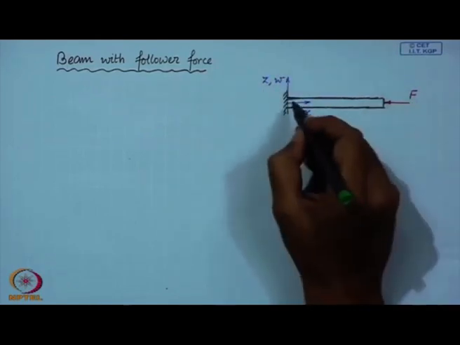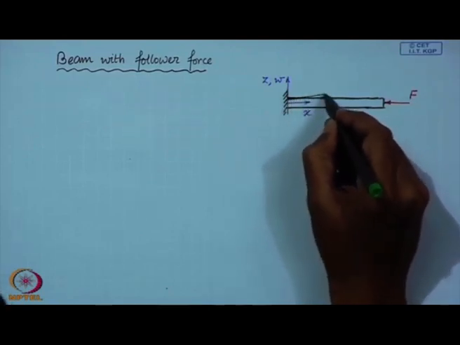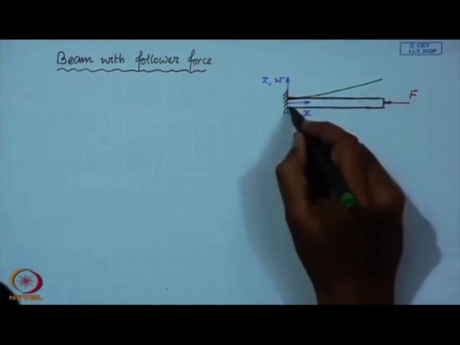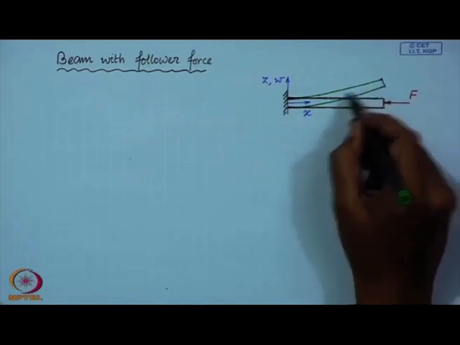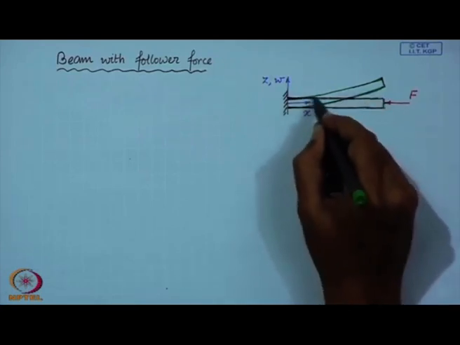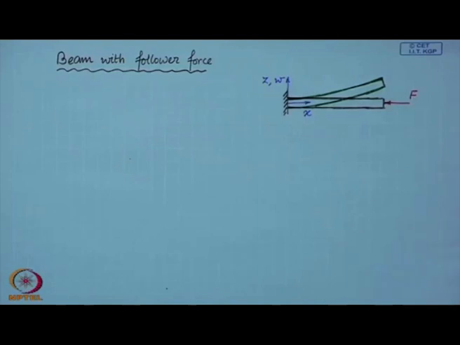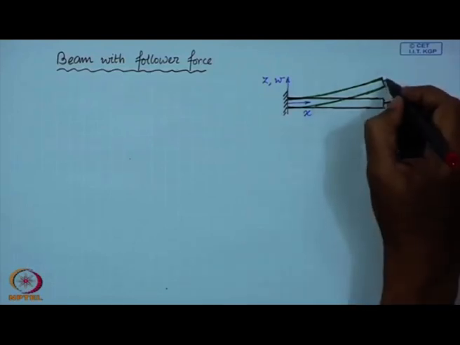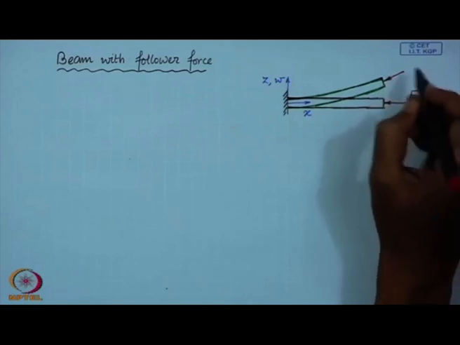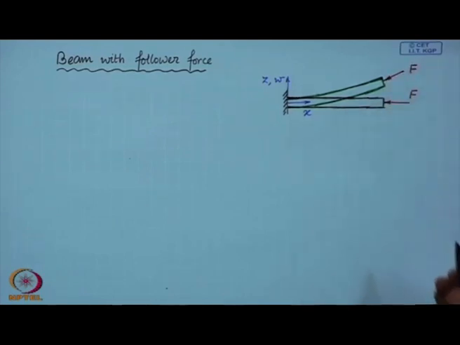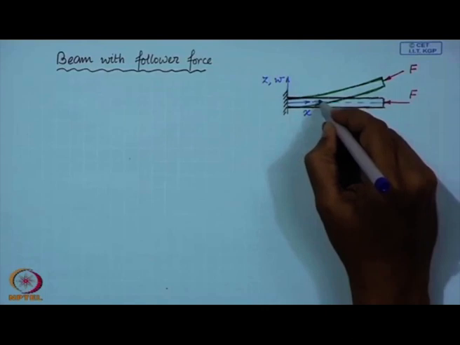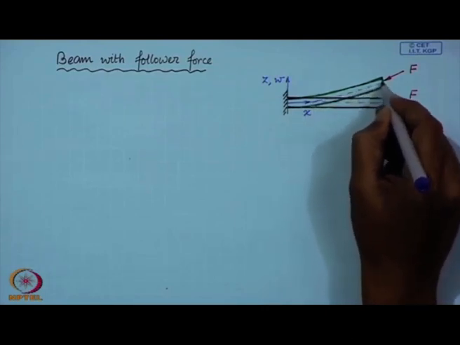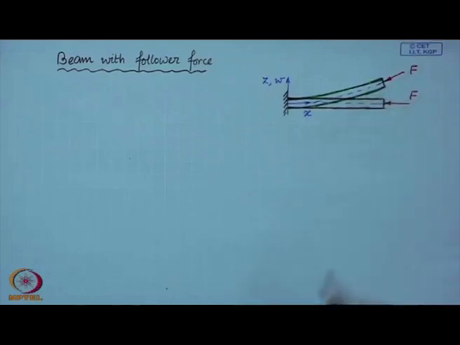But this force has this property that when the beam deflects, so this is an exaggerated figure, the force is going to maintain the same angle as the center line.